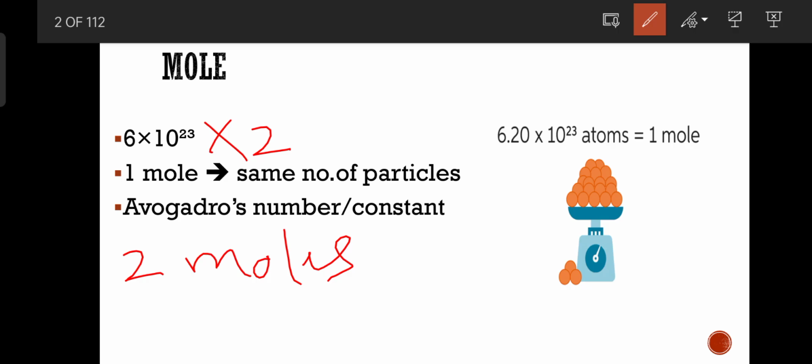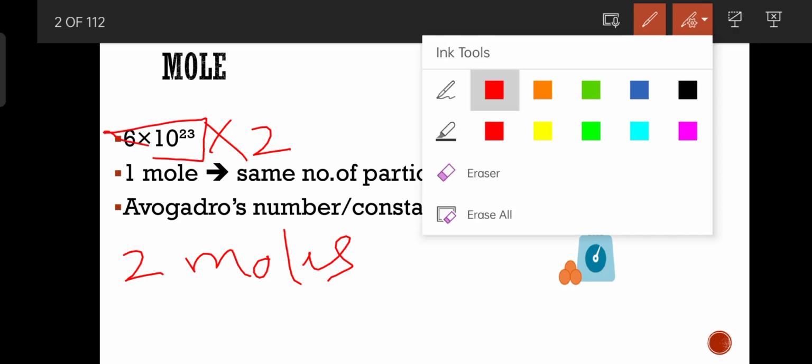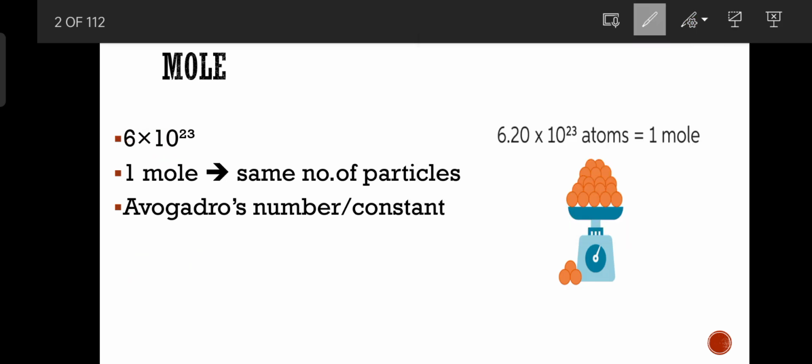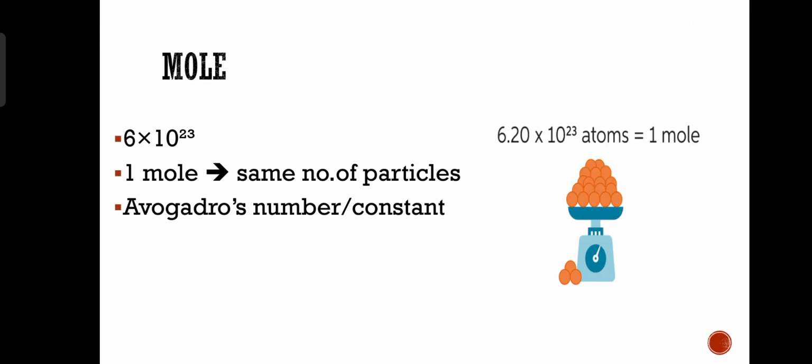Their relative atomic masses can be different, their relative molecular mass can be different, or their relative formula mass can be different, but the number of particles in any element will be same, because when you talk in terms of moles, 1 mole always have 6 multiplied 10 raised to power 23, and for 2 moles you have to multiply this value with 2.